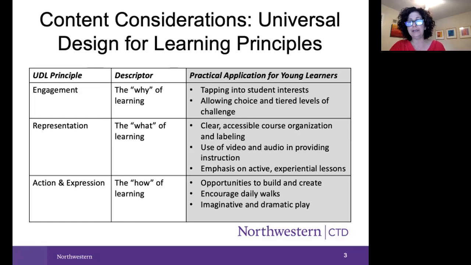But the big idea here really, I think, too, is to avoid relying too much on click-through experiences in an online course, and instead think about providing offline projects, building experiences, creating, and also imaginative play.